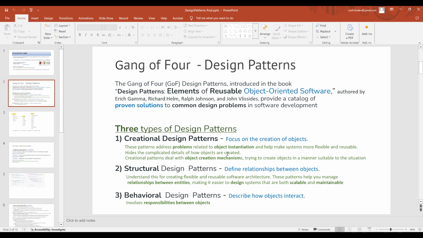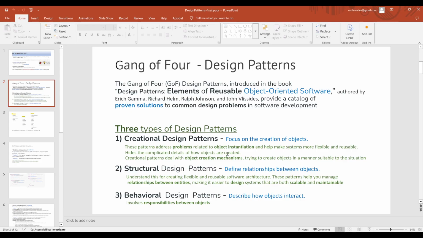The third category is the behavioral design patterns. They basically describe how objects interact with each other. It involves responsibilities between objects. One object might be dependent on another, or there are a lot of ways.